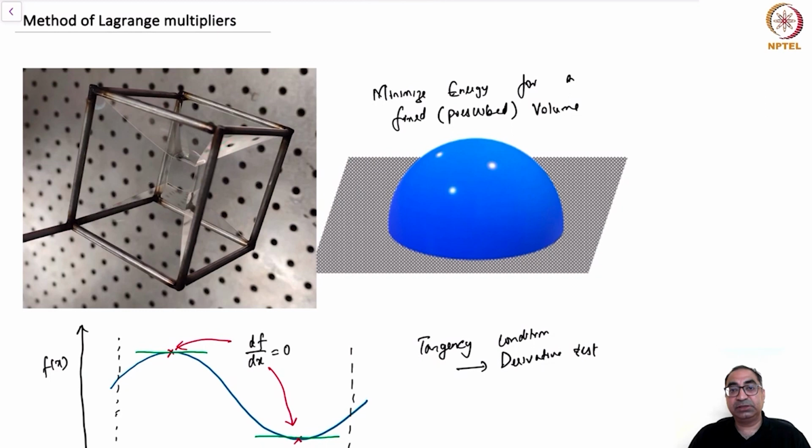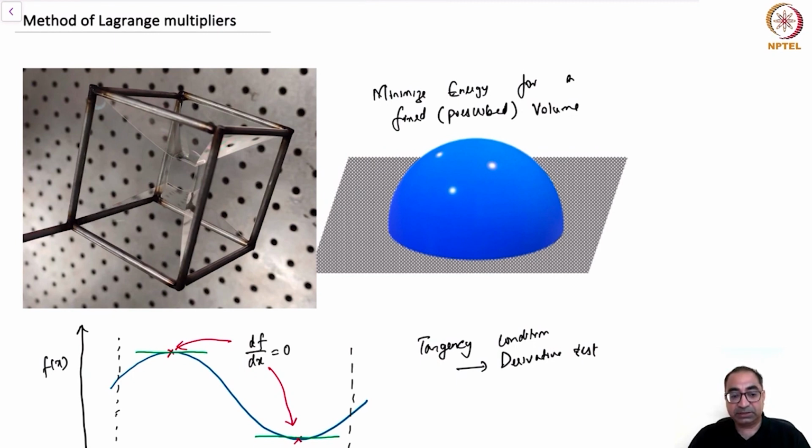This Lagrangian functional is going to be related to the total energy and the volume through this Lagrange multiplier. So we just have something like E minus lambda times V, where V is the volume and E is the energy.